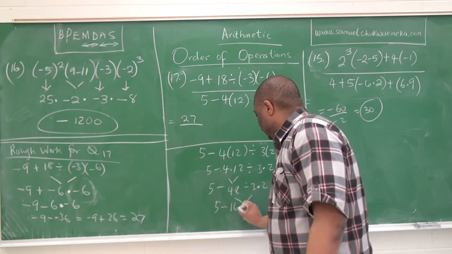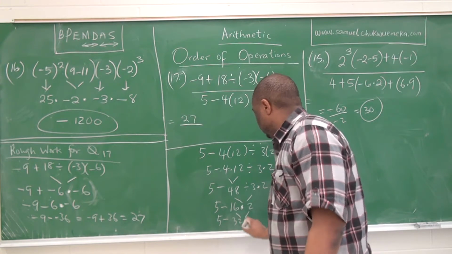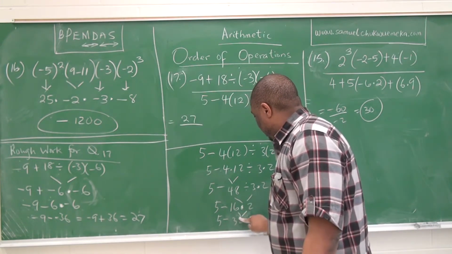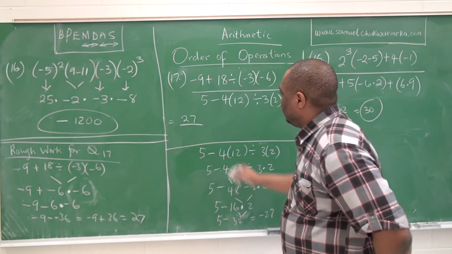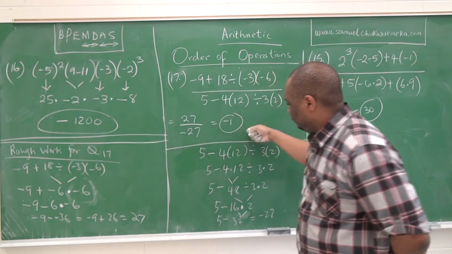Then this will be 5 minus 16 times 2, which is 32, right? 16 times 2 is 32. Then 5 minus 32 is -27. So this is 27 over -27, and that gives you -1.